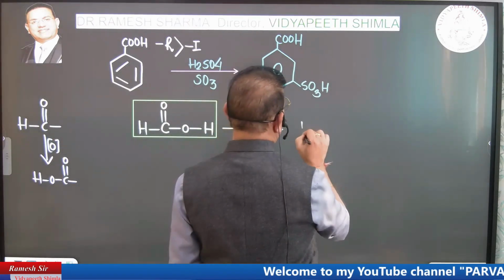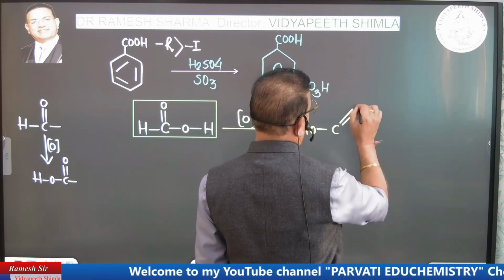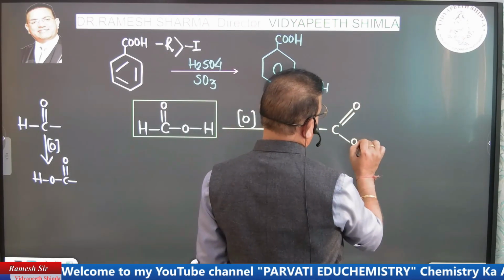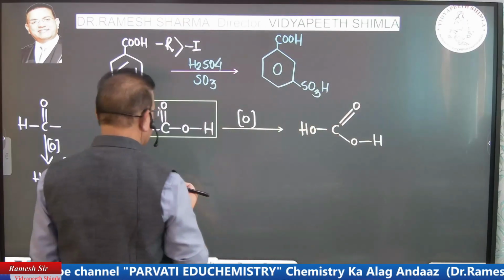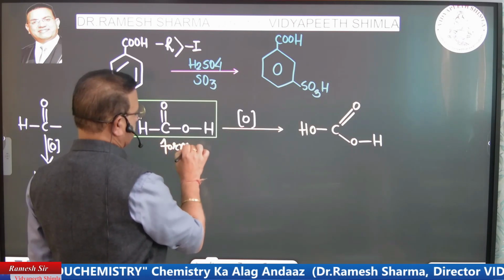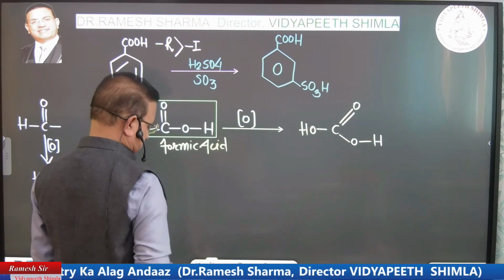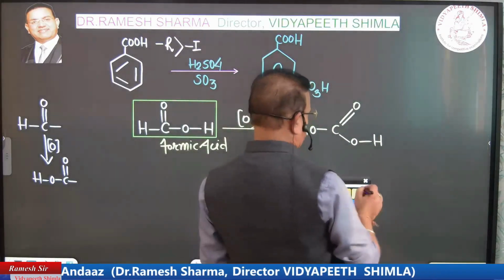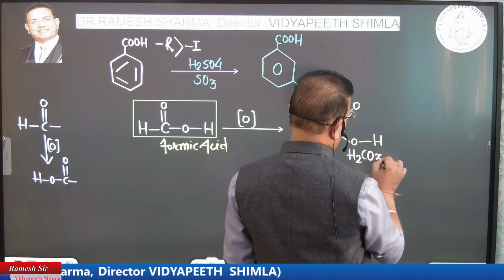Hence the addition of O in this C-H bond becomes easier, and formic acid is converted into carbonic acid.